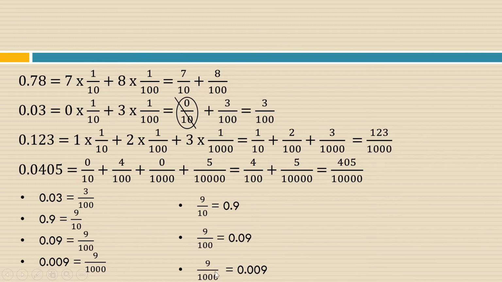Next is 9 by 1000. In this fraction also, the denominator has 3 zeros, but the numerator has only 1 digit. Then put 2 zeros after the decimal and before 9, we get 0.009.